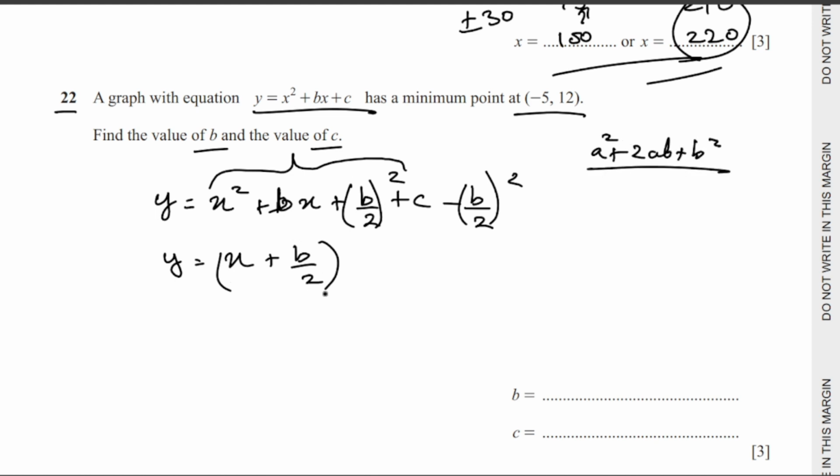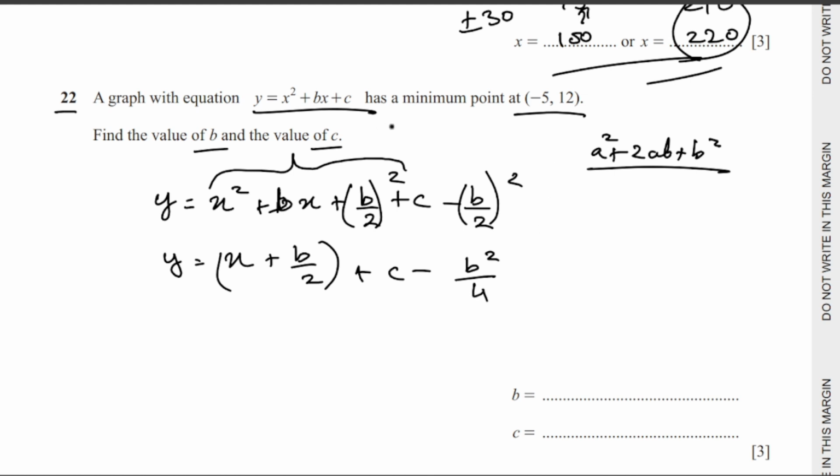So we have x plus b over 2, plus c minus b over 2 whole squared. We could simplify this further and get b squared over 4. Amazing.